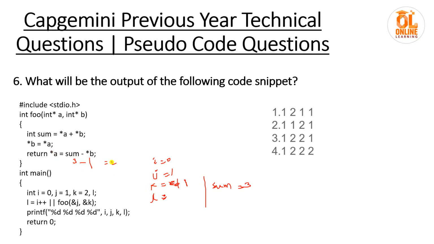So in the address here 2 will be stored, that is j value will become 2 here, and it returns 1 here, and because we have the OR condition, the l will store 1, so 1 0 2 1 1. And here we are accessing 1, so with the post increment, i will be incremented to 1, percentage ijkl. So 1 2 1 1, 1 2 1 1, option A is the correct answer for this.